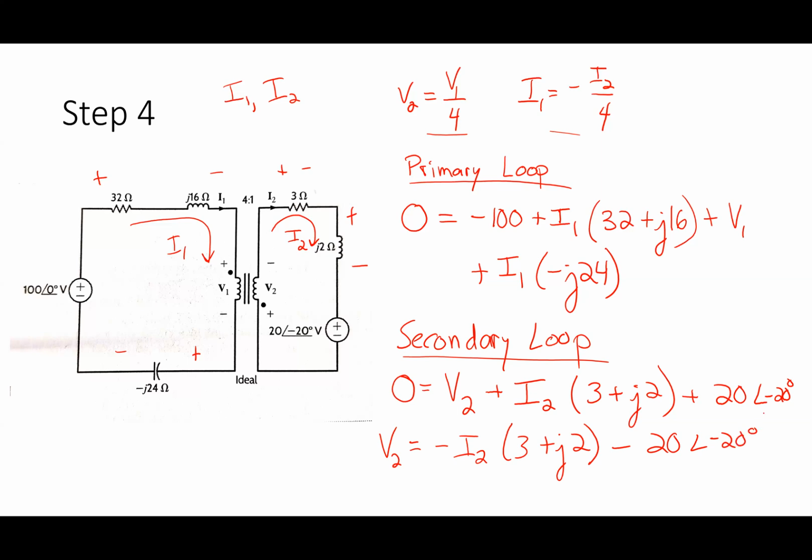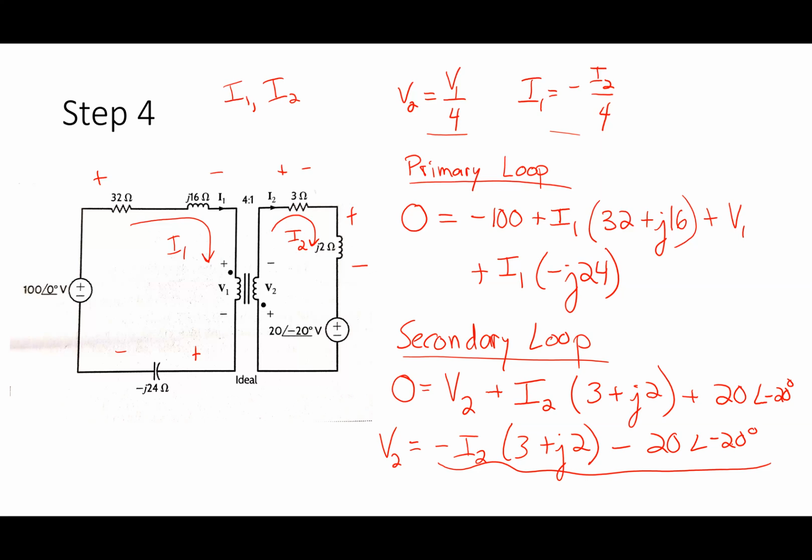Okay. So when I look at that whole thing right there, I can use my relationships a little bit. When I look at that bottom picture right here, I see that V2 is equal to this whole thing. Well, can't I get rid of I2 in that equation?